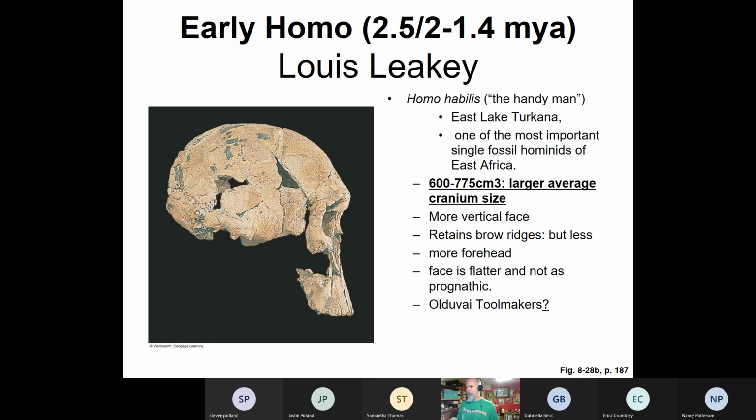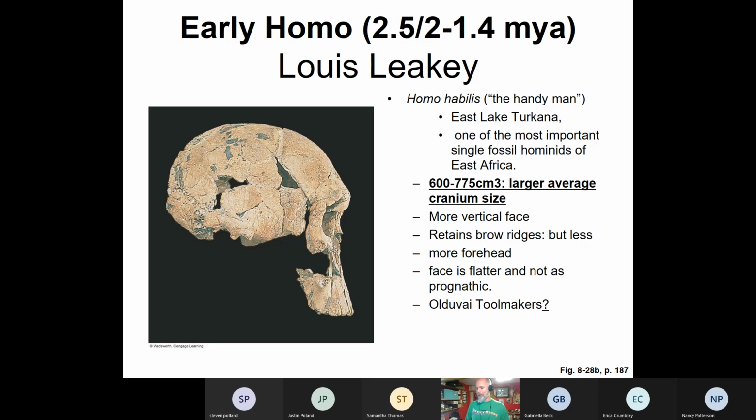We're talking about almost 200 cubic centimeters larger, a flatter face, and more vertical face. Thought to be the most significant finding of all at that time. This was in the early 1960s by Louis Leakey, Mary's husband. This was thought to be the start of our hominin lineage.